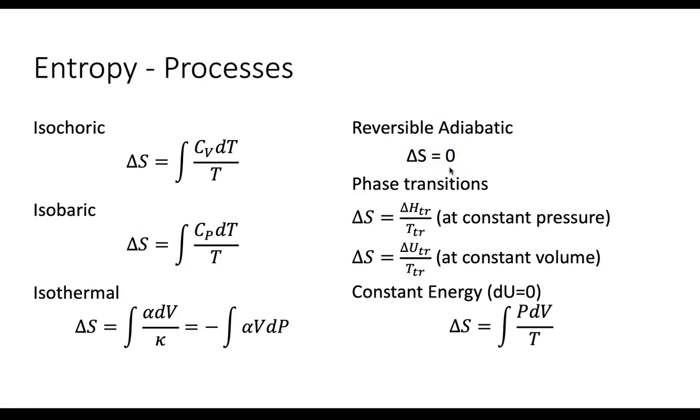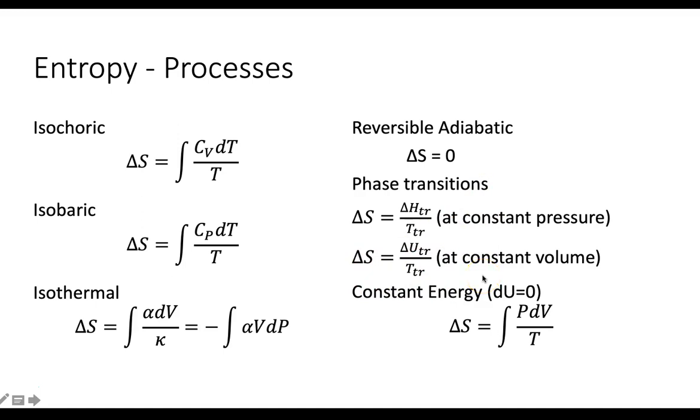All right. And then we have a couple of special processes which we haven't talked about yet, and we will get to as we start using all of these first and second law principles to evaluate systems. So in a phase change, the delta S is the entropy of that particular change. If this is melting, that would be the heat of melting, or the enthalpy of melting, divided by whatever temperature it melts, at constant pressure.